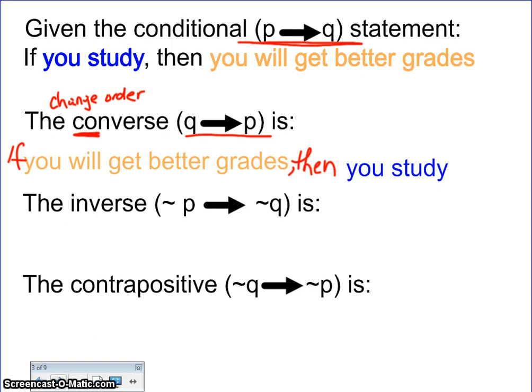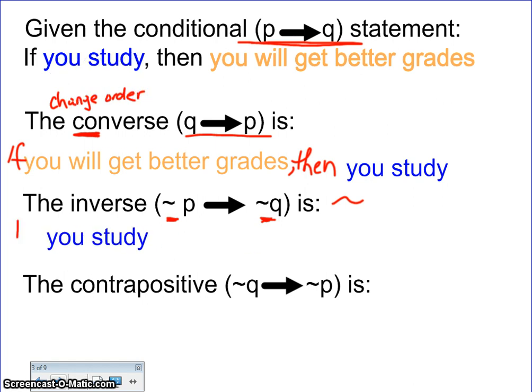All right, the inverse. The hypothesis and the conclusion stay in the same order, except it says not P, then not Q. This little squiggly line like that is the negation. That means you're doing the opposite. So for this one, it would be if you don't study.